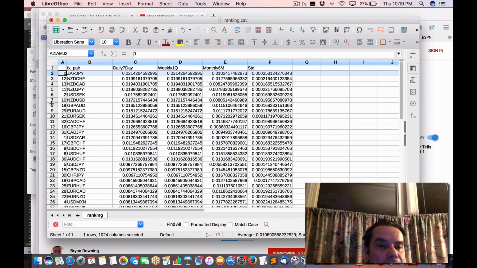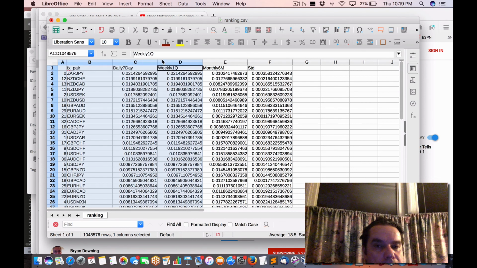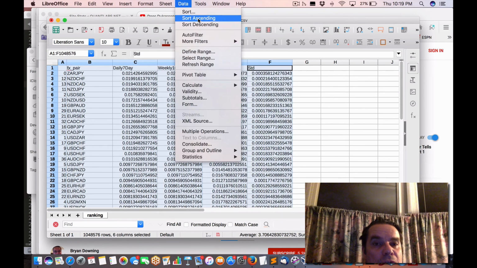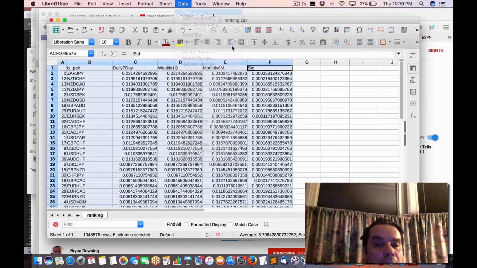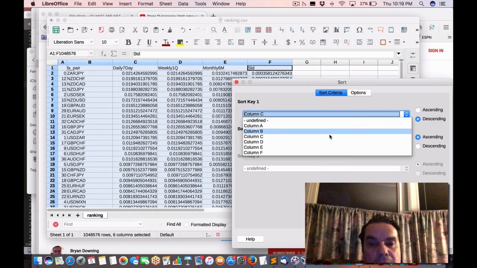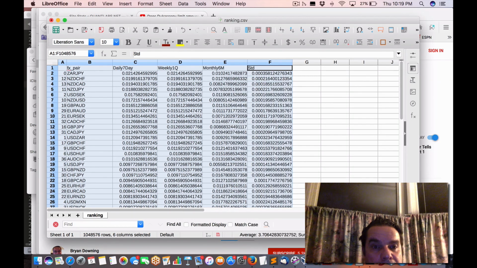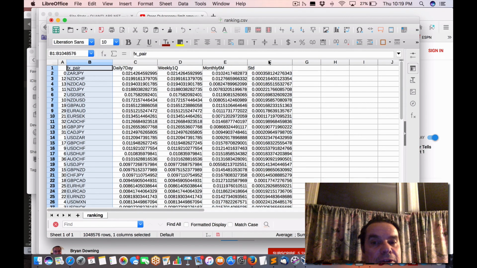I'll go on about how I plan to approach this. Knowing that, now we can move on to the next one, which is the quarterly. So we're going to do column D, descending. Let me just make sure we did this correctly.